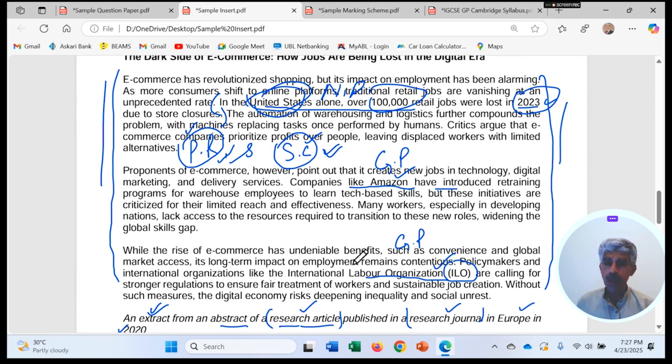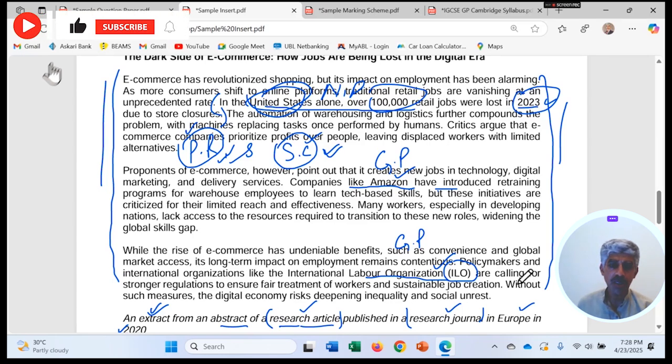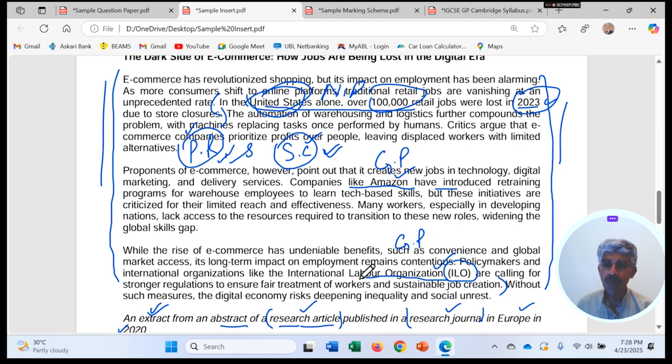In the same way, look, it says: Policymakers and international organizations like the International Labour Organization are calling for stronger regulations to ensure fair treatment of workers and sustainable job creation. From where the researcher has taken these lines, no reference is given, that is, where these lines are published or where ILO has given these concerns regarding the job loss.